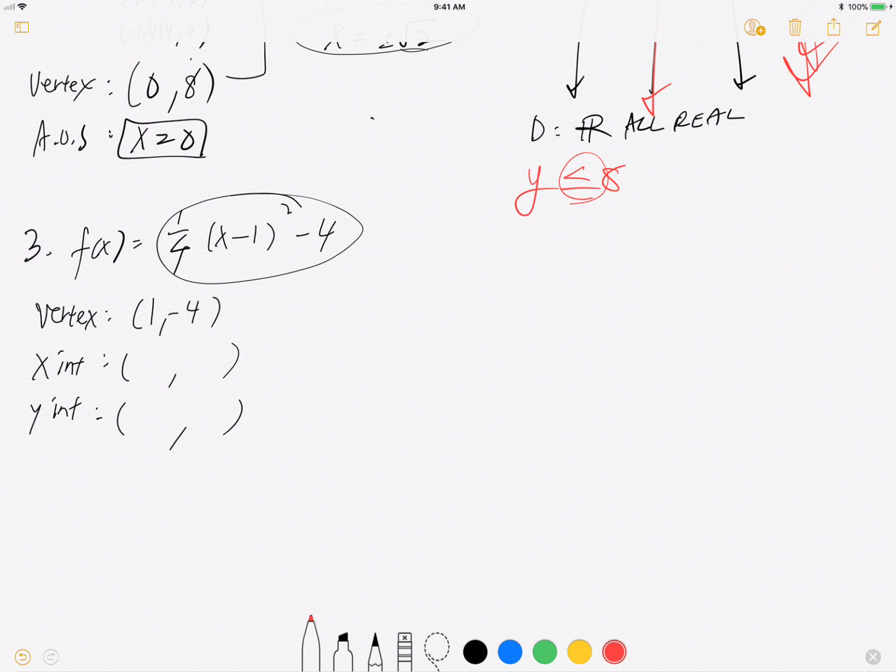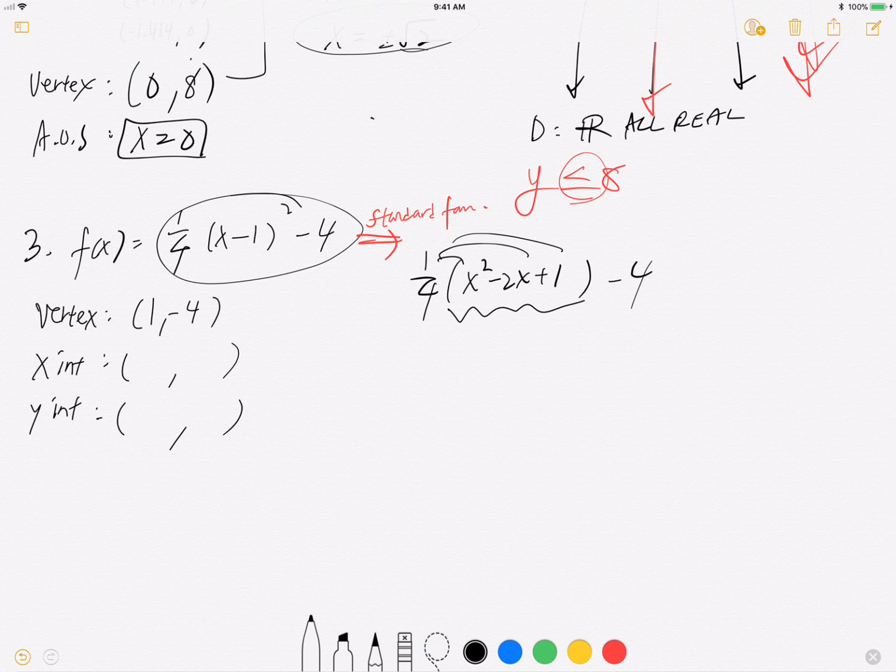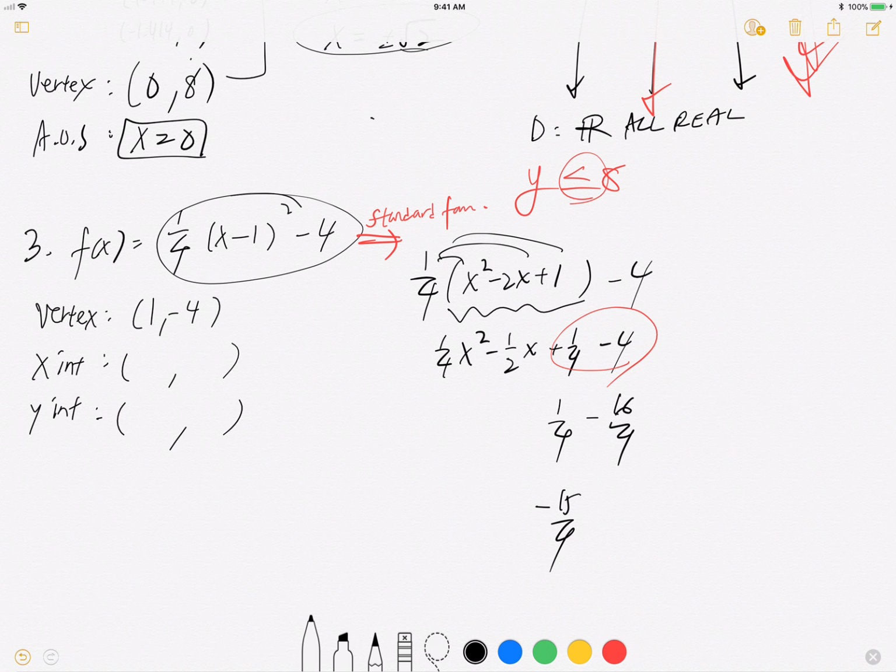To do that, I need to get this in standard form like we did for questions 1 and 2. So I'm going to FOIL this. I FOIL what's inside the parentheses, which will give you this. Then I'm going to FOIL it out, and as you can see, it's going to be plus 1/4 minus 4, which gives you 1 over 4 minus 16 over 4, the same thing as saying negative 15 over 4.